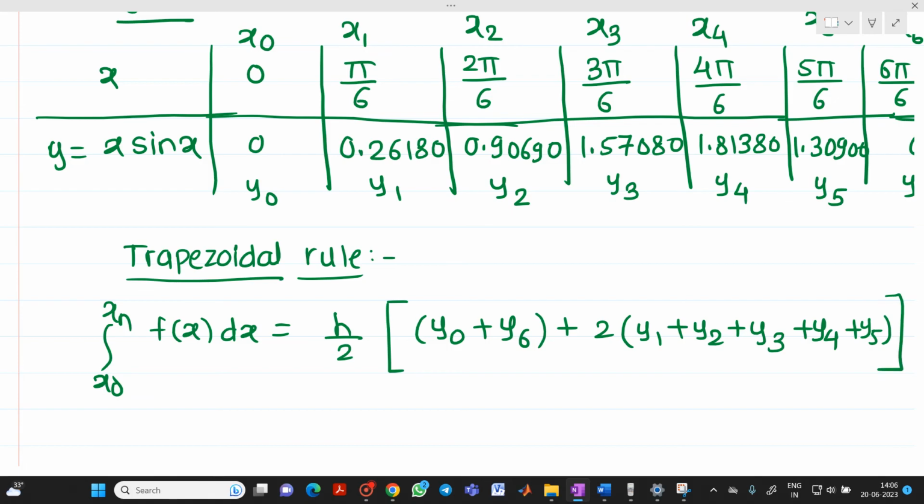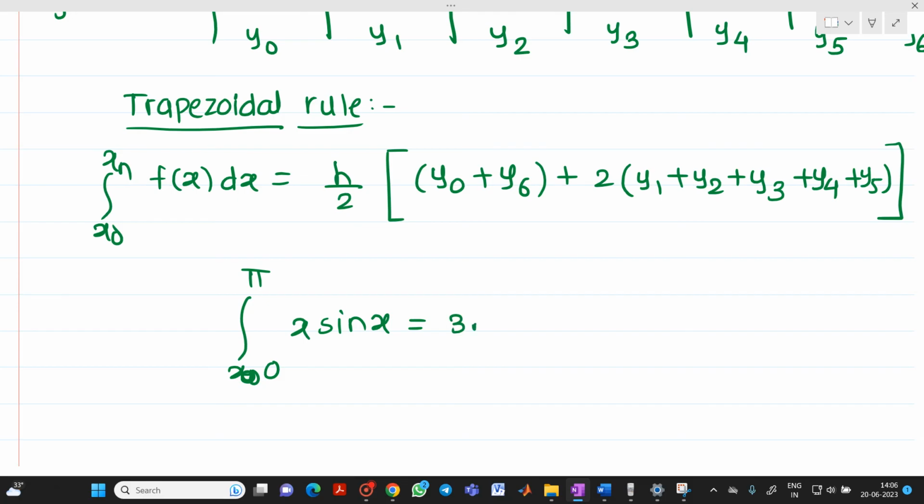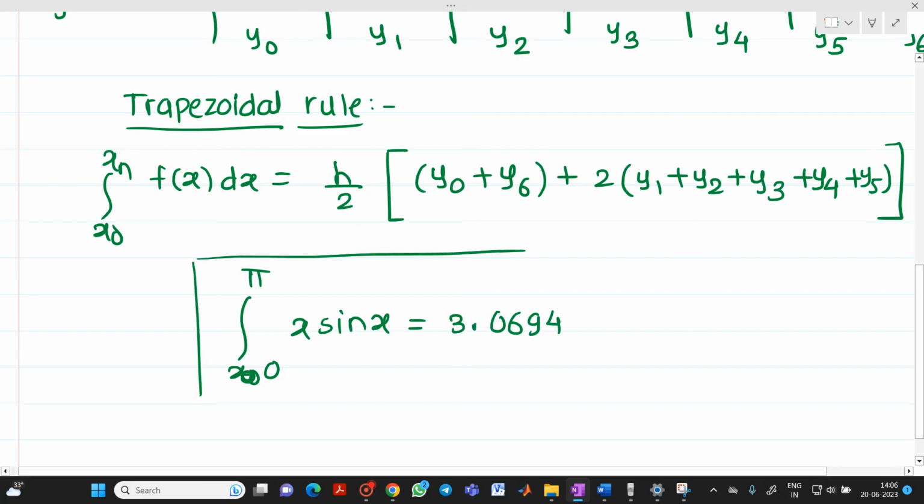So if you substitute all the values you got in the table, you will get the answer of the integration, that is 0 to pi of x sin x. If you put all the values, we will get the answer as 3.0694. So this will be part A of this particular problem.